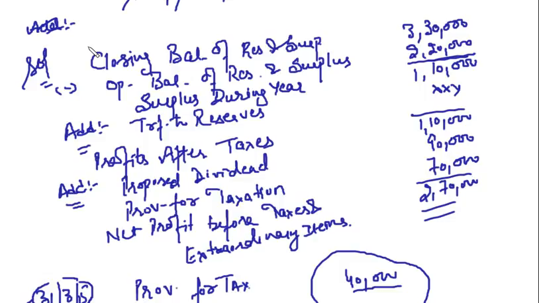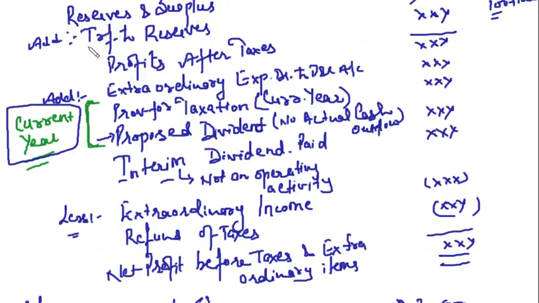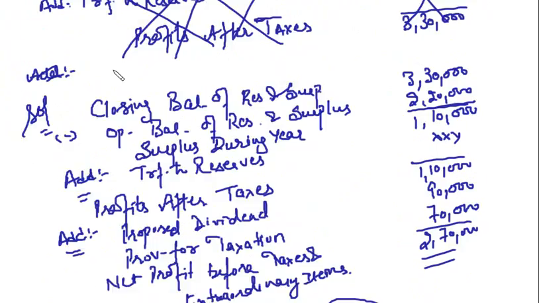That will be the surplus that you have earned this year, right? And just be careful with the items that are to be added back and subtracted, right? I have tried my best to explain why that item is added, and why we are subtracting these items, right?